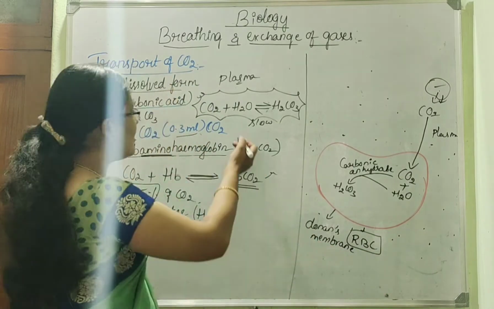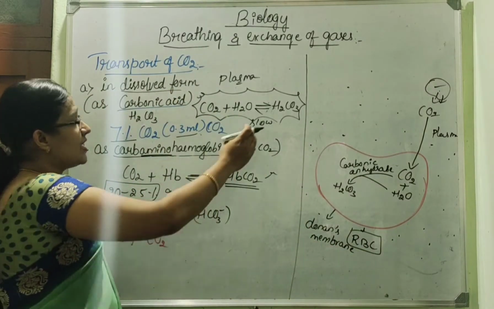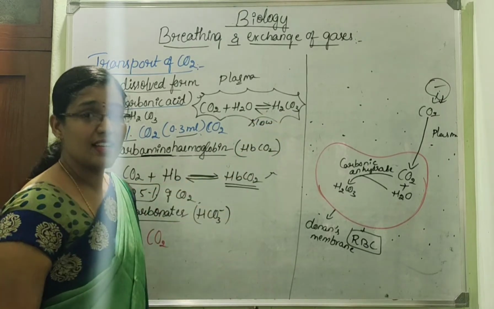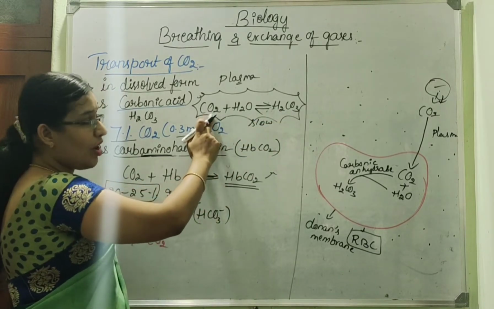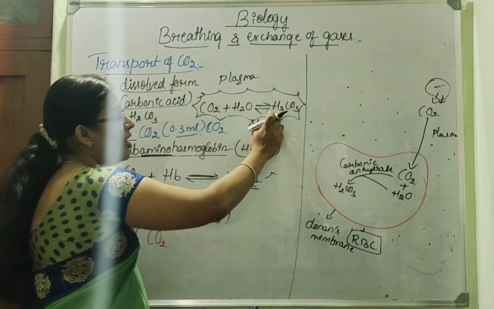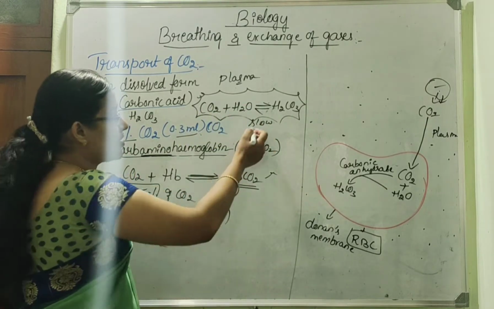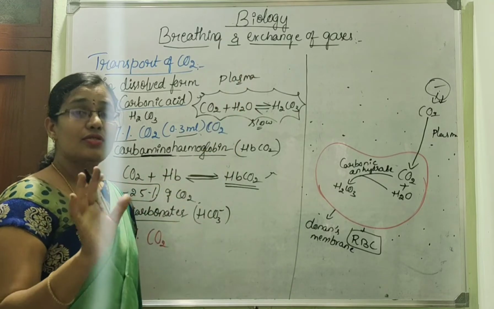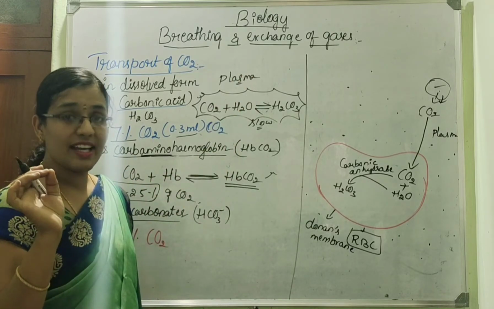I told you inside the plasma also there is a formation of carbonic acid. So inside the plasma also carbon dioxide reacts with water to form carbonic acid, but it is a slow process. Why? Because there is no carbonic anhydrase catalyst.